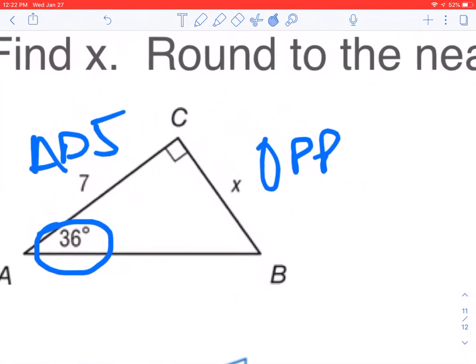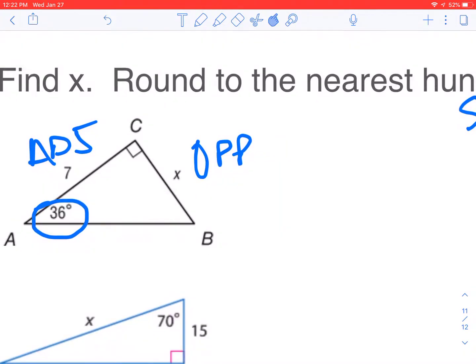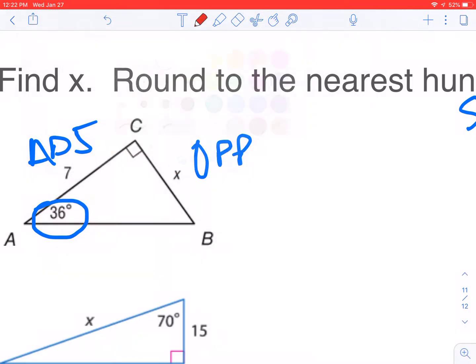I'm going to zoom in here a little bit. So, opposite and adjacent is tangent. So, tangent of 36 equals opposite over adjacent, x over 7.